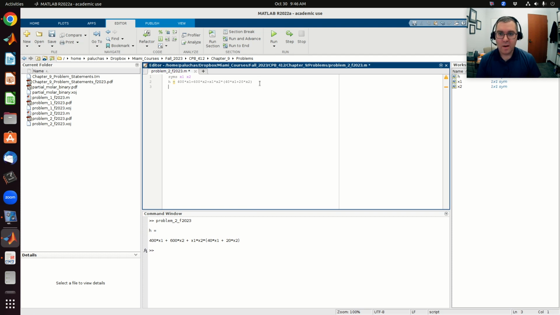Now, the first thing I'm going to do is, in my expression for h, substitute in that x2 is equal to 1 minus x1. So I'm going to call it hu for h update, and I'm going to substitute into my expression for h, replacing x2 with 1 minus x1.